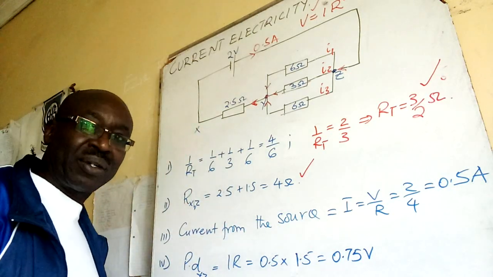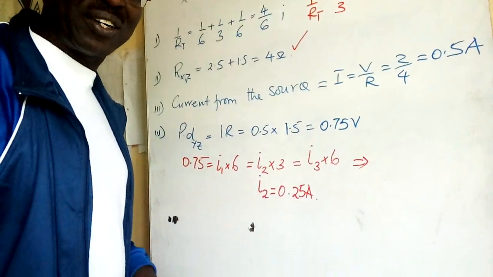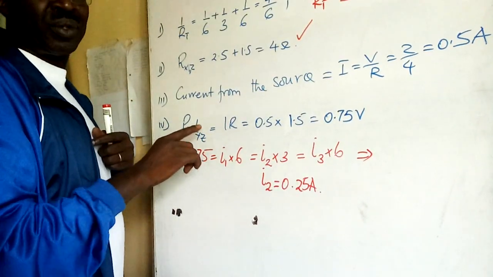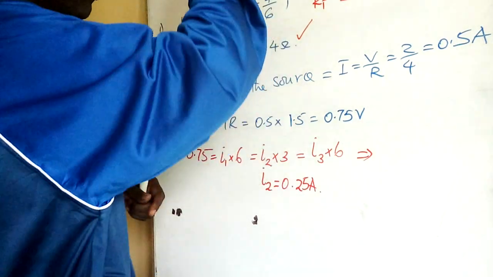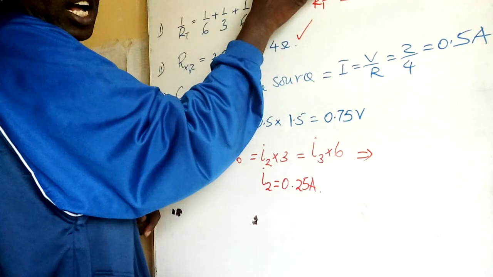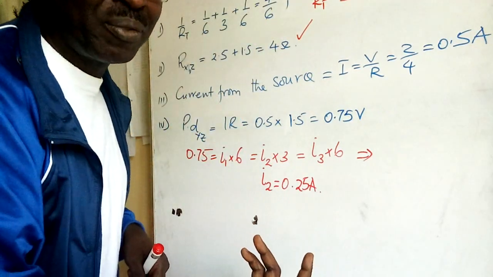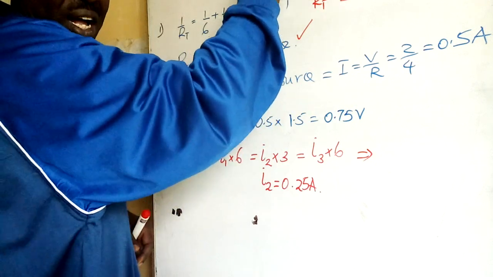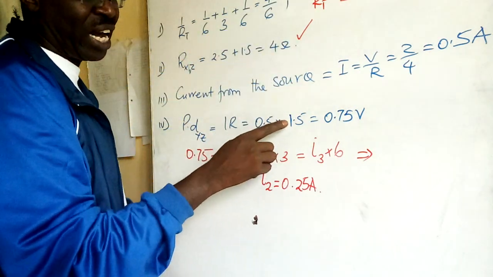Now we come back and reason again. Here, the PD is 1.25, and 2 minus 1.25 we get here. An alternative method: I took the effective resistance here multiplied by the current.